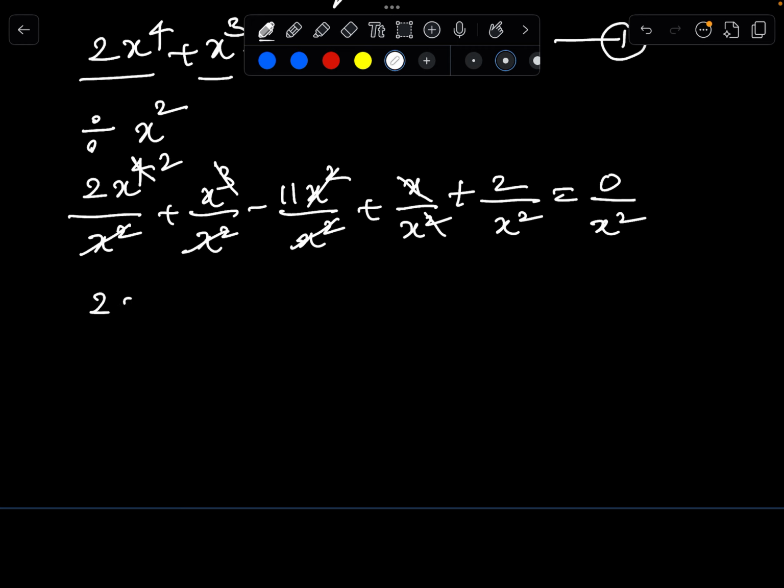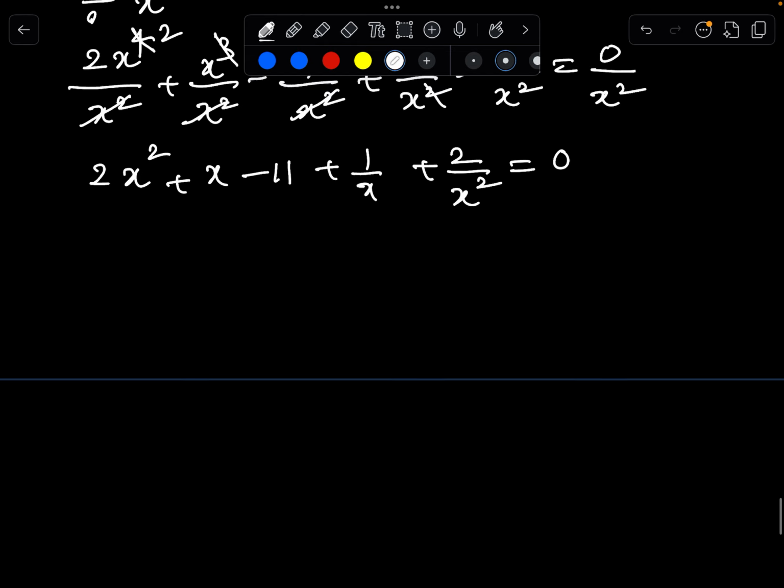Now write it as 2x square plus x minus 11 plus 1 by x plus 2 by x square, and 0 by x square is 0. Now we combine 2x square and 2 by x square side by side, and 2 is taken common: 2 of x square plus 1 by x square.